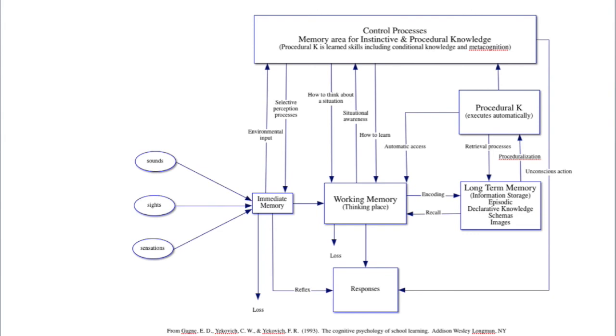So we're going to try to think about technology as an operator on this information processing system, either working on the working memory, developing long-term memory, or procedural knowledge. So with that, we'll stop, and that will be the end of part one of this presentation.